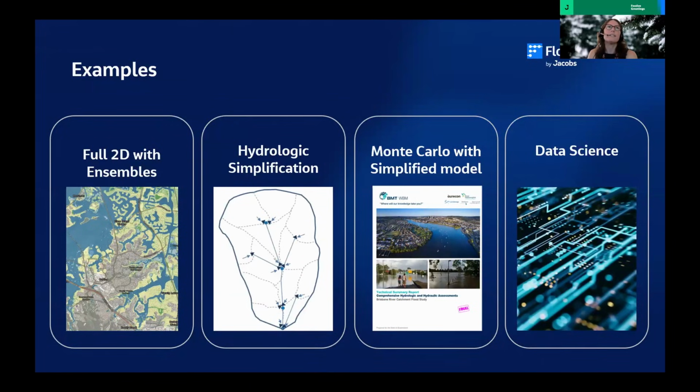On the simple end, we've got hydrologic simplification. That is the use of a hydrologic model to identify representative events for simulation in a hydraulic model. It's most appropriate where we've got one or a couple of points of interest, and it's only a single flood behavior that's of interest, such as peak flood, peak flow, or level.